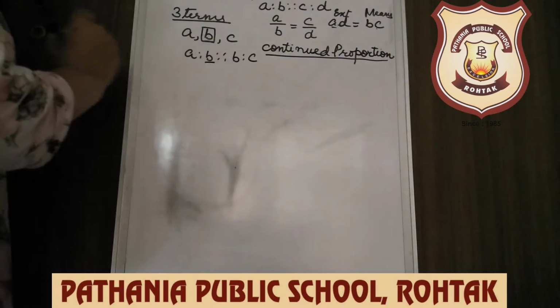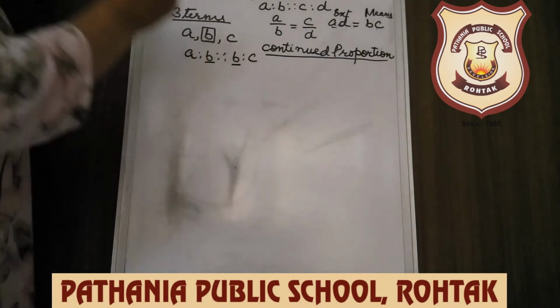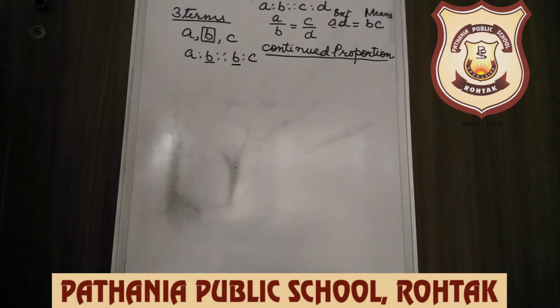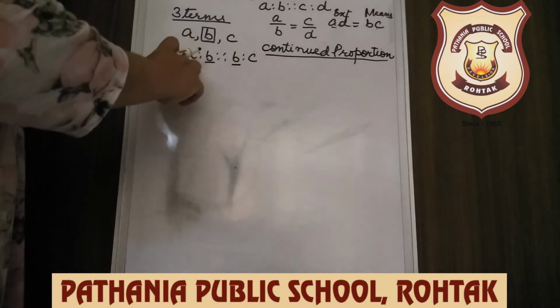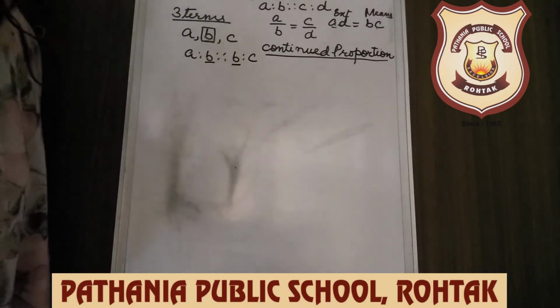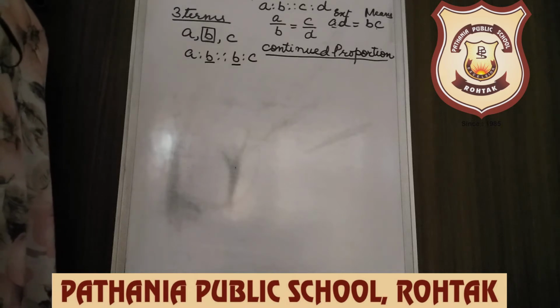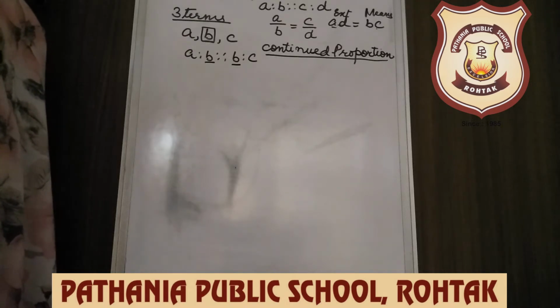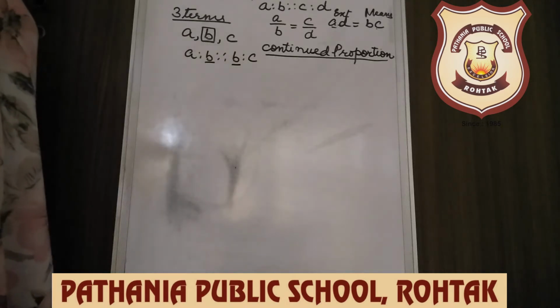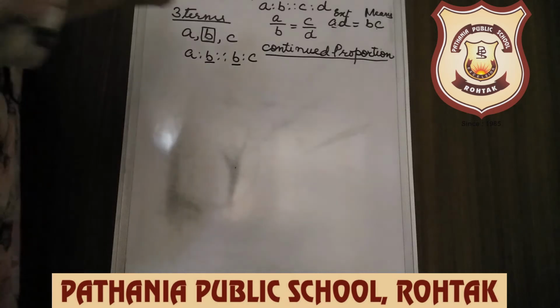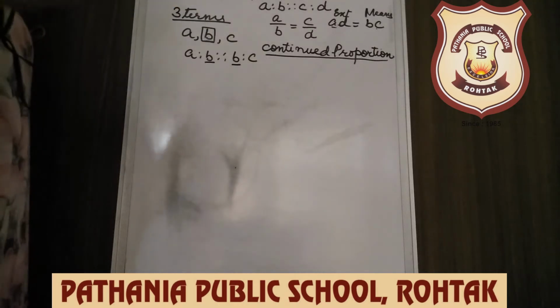The consequent of one ratio is the antecedent of the other ratio. So this is the continuity. That's why it is called the continued proportion. Many children yesterday put up their query on WhatsApp that they have not understood the continued proportion. So that's why I am explaining it again.